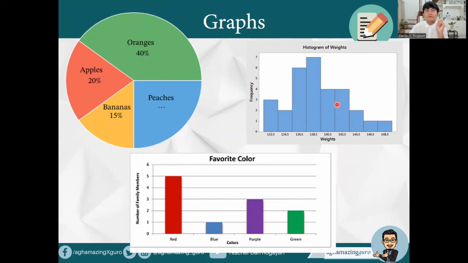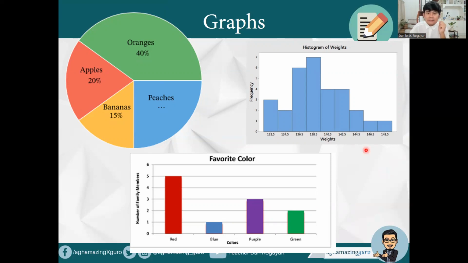If you want, for example, to see the frequency distribution of the scores of your students in the first quarterly exam, you can construct a histogram. You can make use of Excel, or the Statistical Package for the Social Sciences, or SPSS software, to do this.